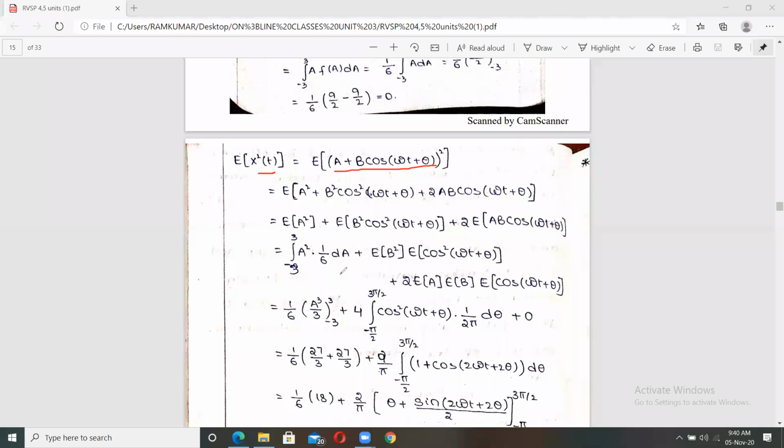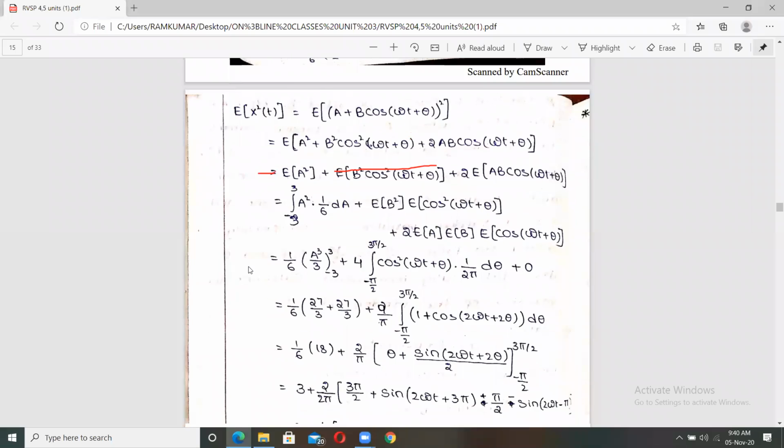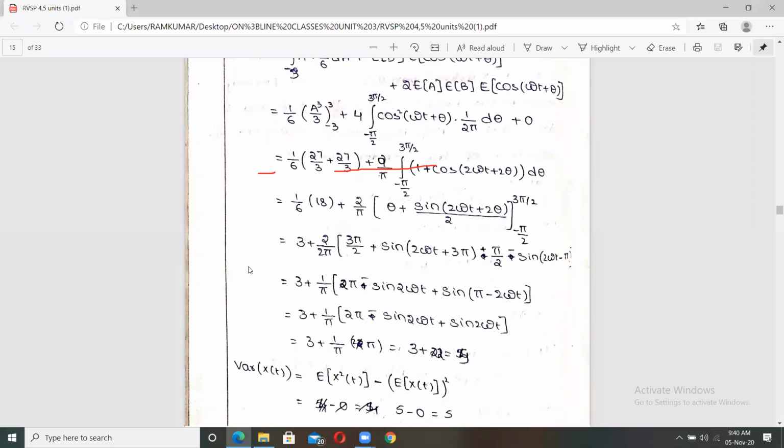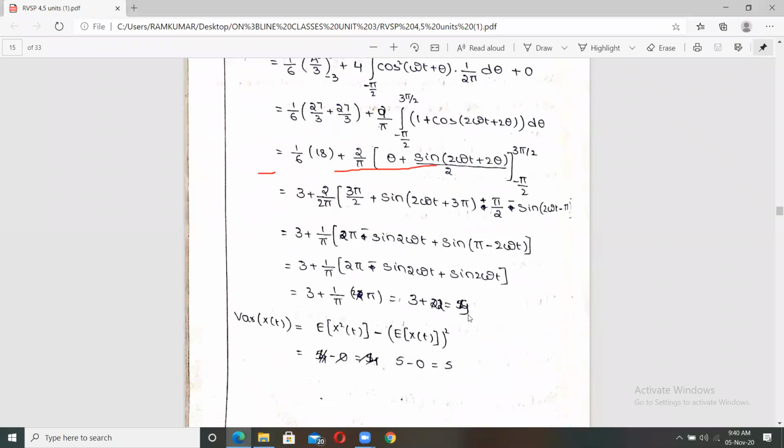If we substitute all these values, finally we get the value as 5. E of x square of t is 5 here. The value of e of x of t is equal to 0, we calculated already. 5 minus 0 is equal to 5. That means variance of x of t is equal to 5.